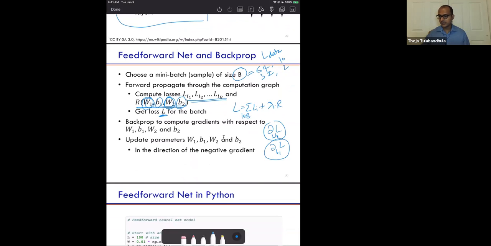These are not easy to hand compute, but once you get these, you can update the current parameters by moving in the direction of the negative gradient. That's why we would update W1 new with W1 old minus some number, let's say 0.1, typically called the learning rate, times the gradient of L with respect to W1. This is what we would do.